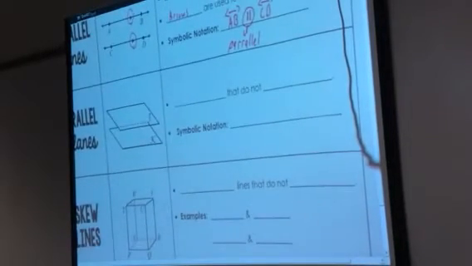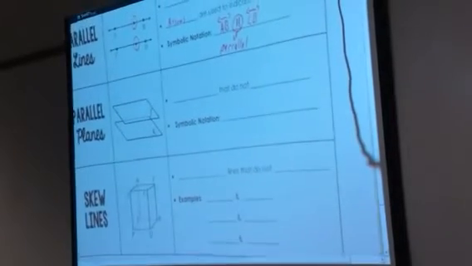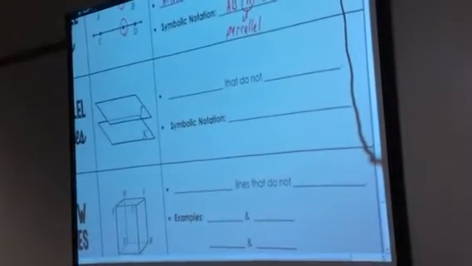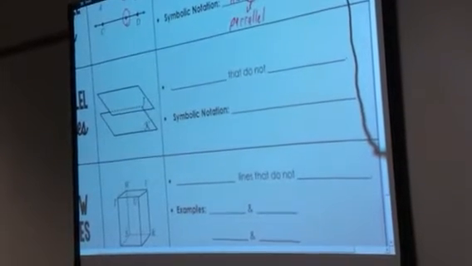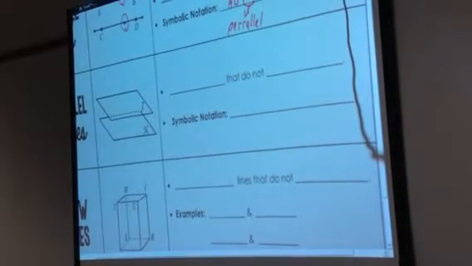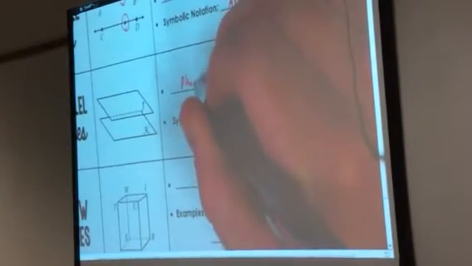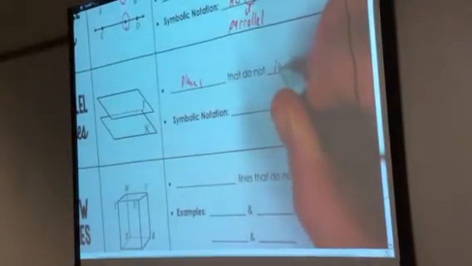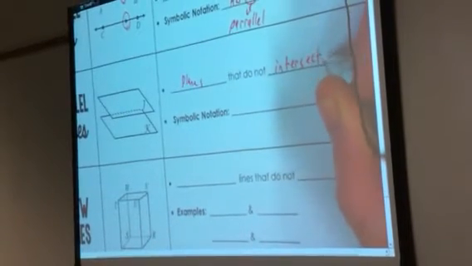If we move down to the second square, this one is talking about parallel planes, and that's basically the same thing. Parallel means they do not intersect. So this is planes that do not intersect.